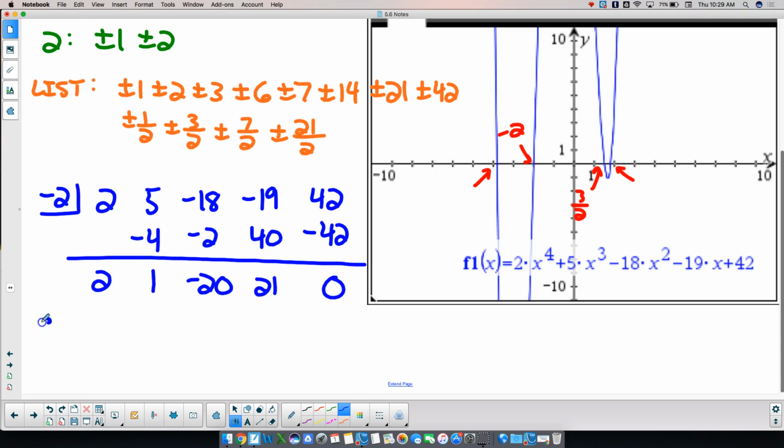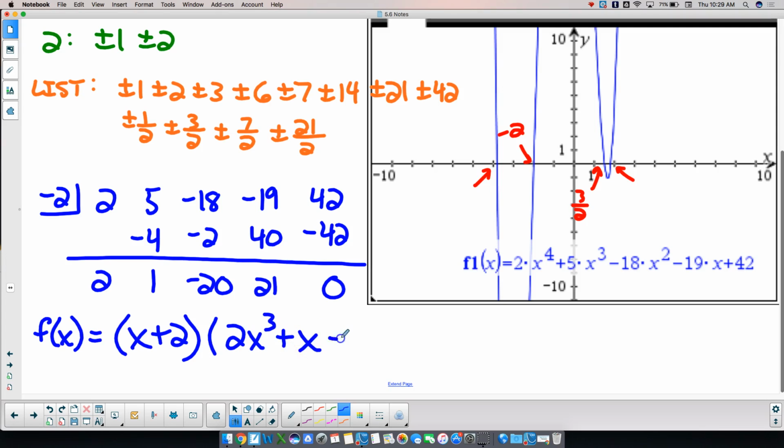Okay? So f of x now is equal to x plus 2, because that's the factor if -2 is a 0, times 2x cubed plus x squared minus 20x plus 21. Agree? But that's an x cubed one yet.